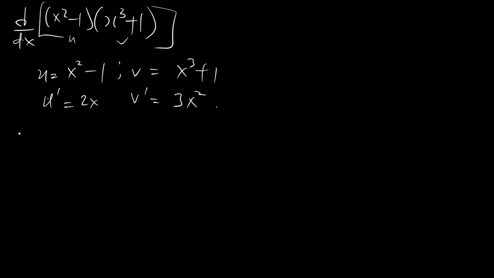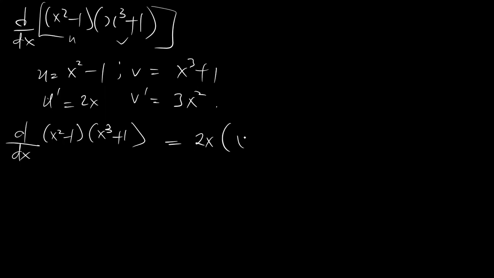So the derivative of x squared minus 1 into x cubed plus 1 will be equal to u prime times v, which is 2x into x cubed plus 1, plus u, which is x squared minus 1, times 3x squared, which is v prime.